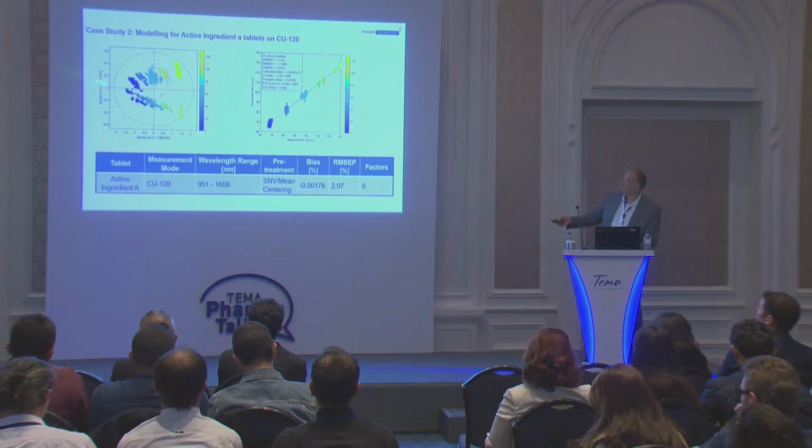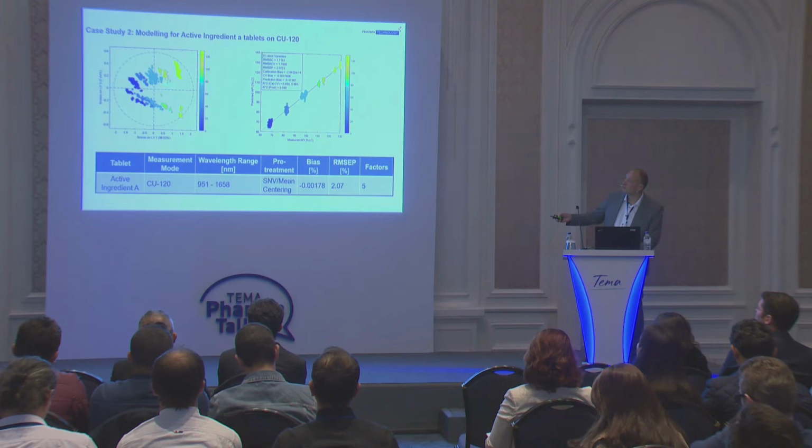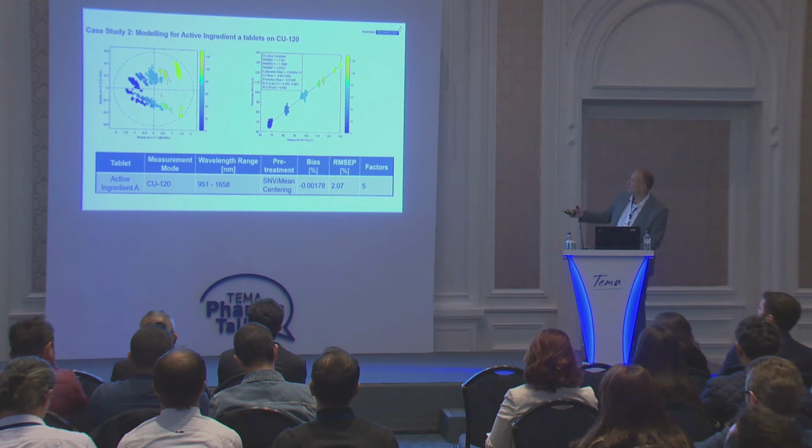So we see here the scores. Here we can very nicely see that in the scores there is a different direction for the API content. And we see also here the measured versus predicted, and the model data. You have the root mean square of calibration, of cross-validation, the root mean square of prediction, and so on.